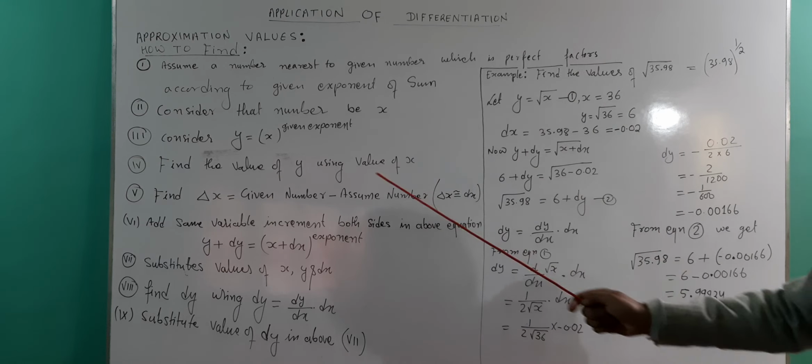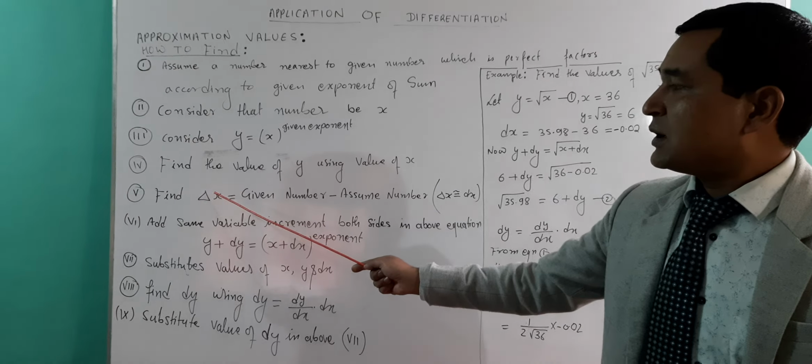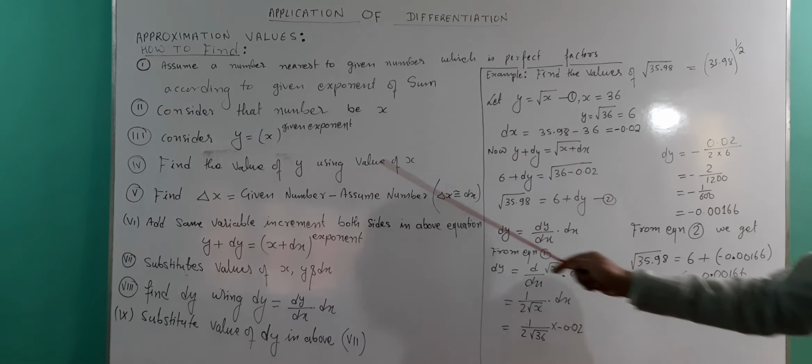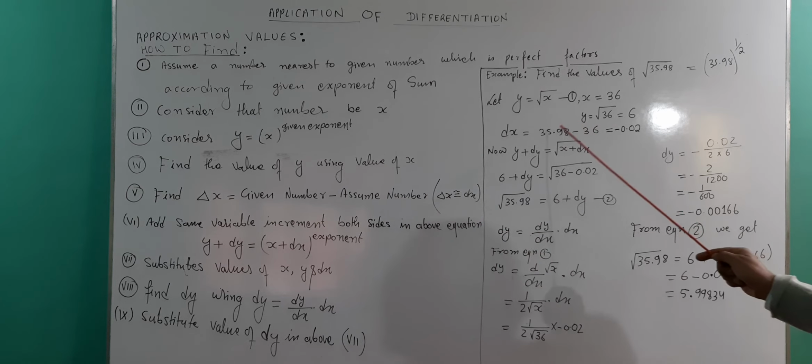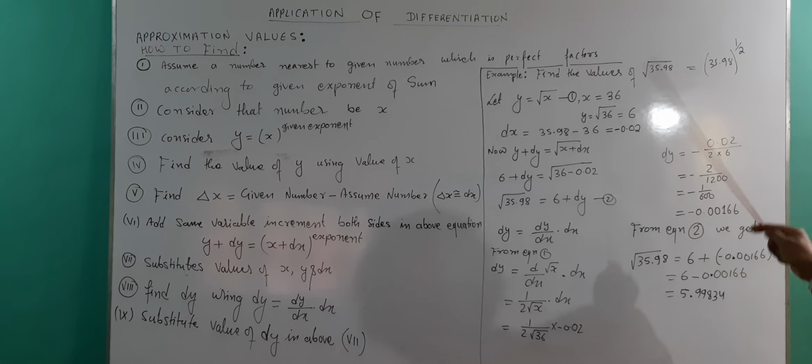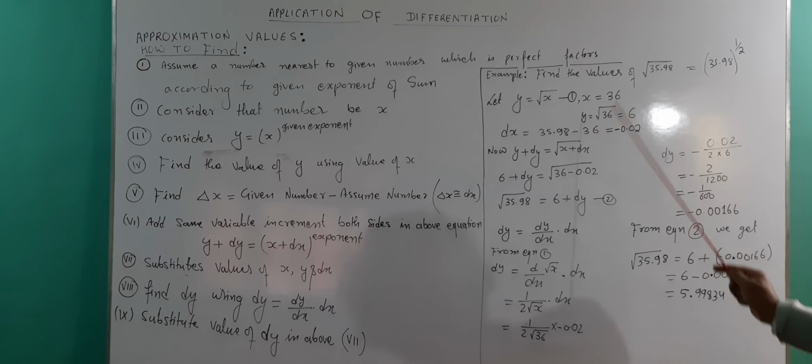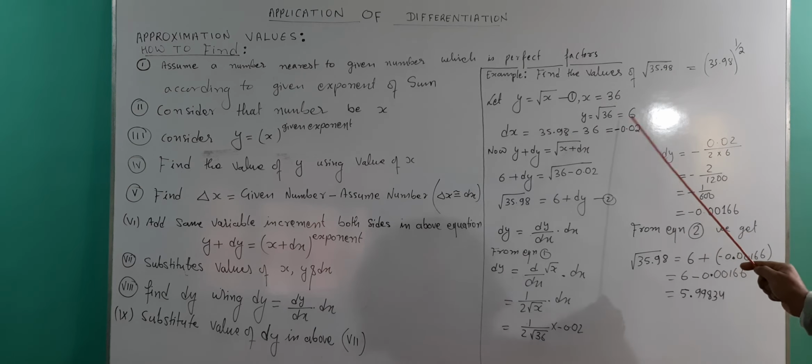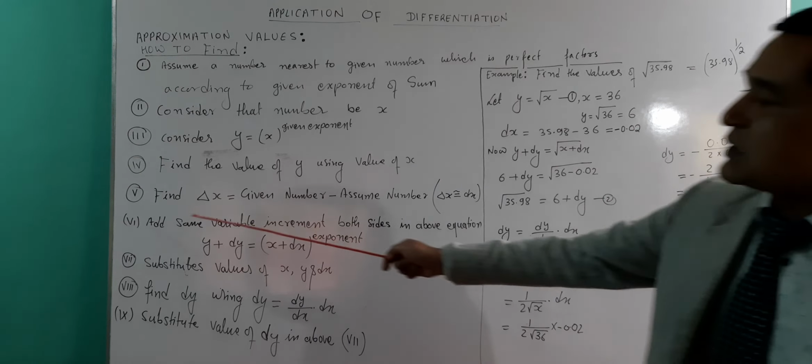Then find del x or dx. Dx equals the given number minus the assumed number. The given number is 35.98 and our assumed number is 36. The difference is minus 0.02.